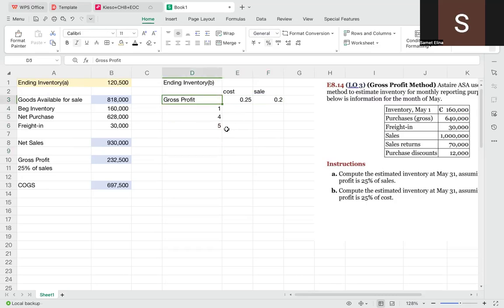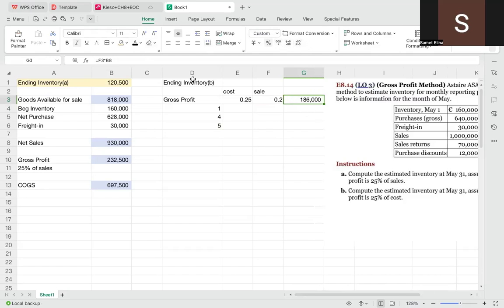So our new gross profit would equal 20% multiplied by our net sales. This is our gross profit for instruction B. Okay, we have gross profit now. And again, COGS equals net sales minus gross profit, which is 744,000.